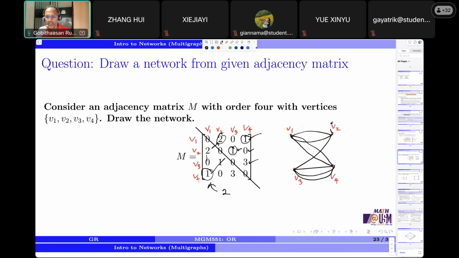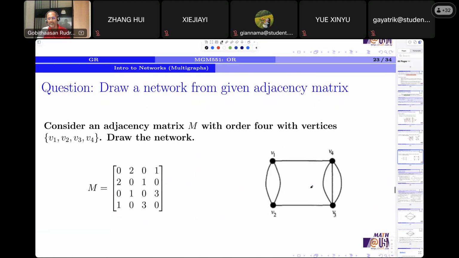A loop would be, for example, like that. So V2 to itself, for example, now V2 to itself is 0. So now we will change it to, let's say, 1 if there is a loop, okay? So this is how we draw a network from a given matrix.